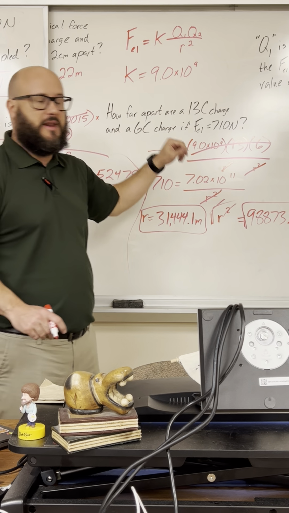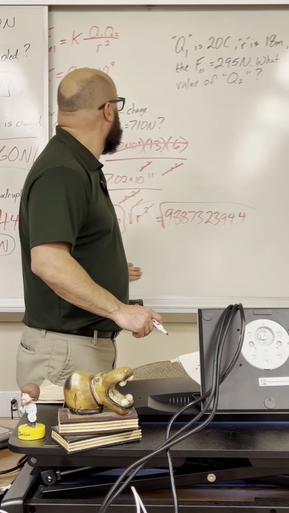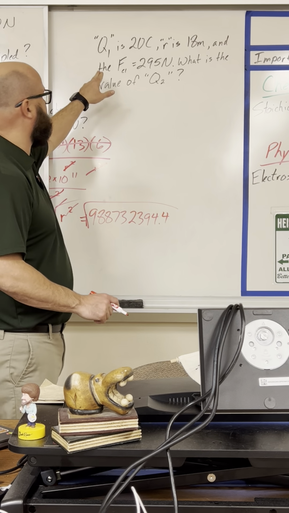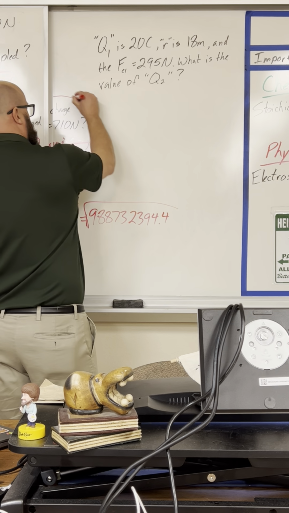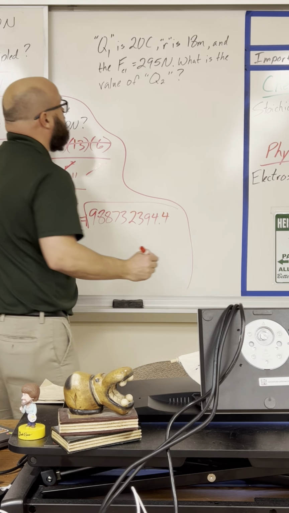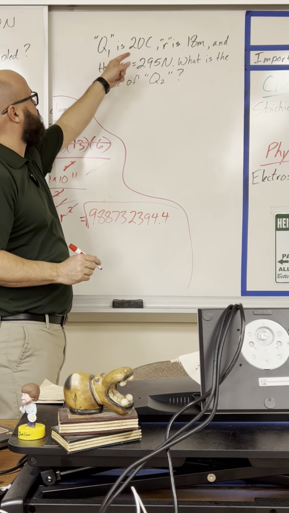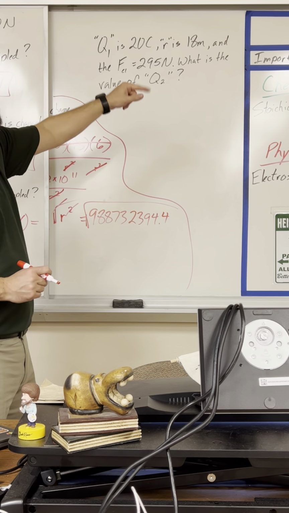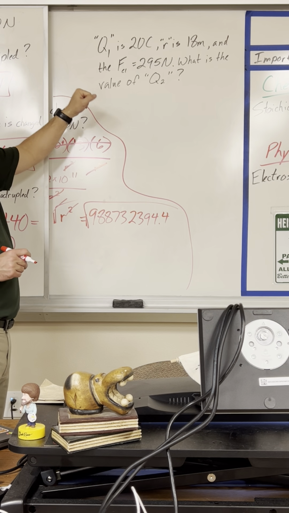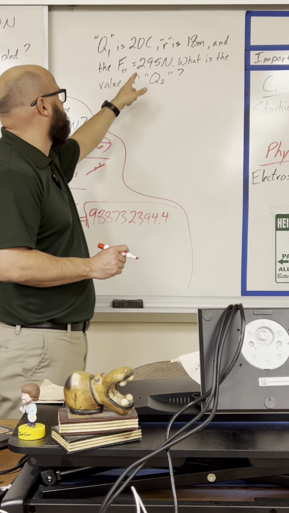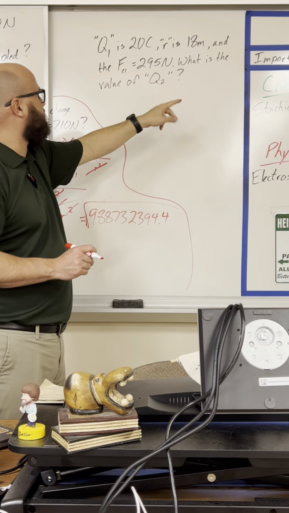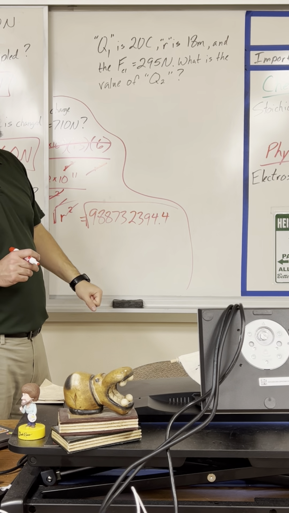Last type of problem you could have would be a charge problem. So what's the value of this charge? Q1 is 20 coulombs, R is 18 meters, and the electrical force between the two charges is 295 newtons. Based on this, what's the value of Q2?